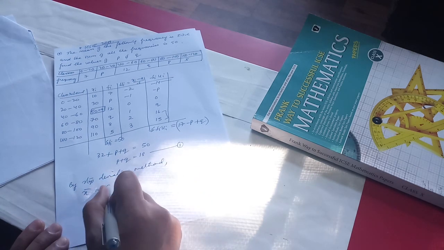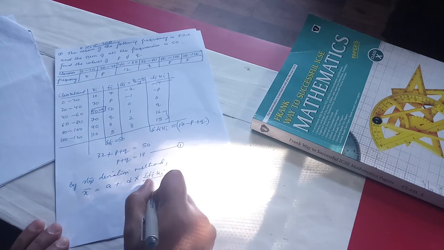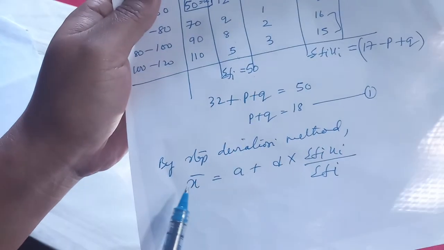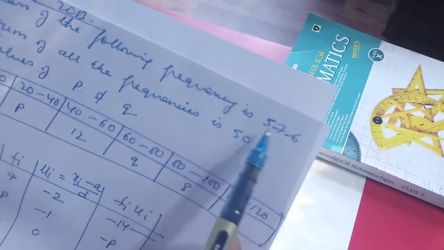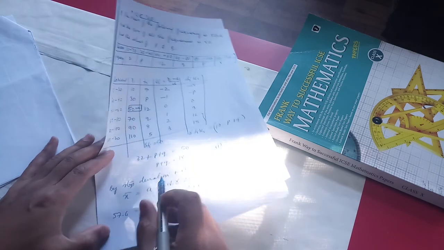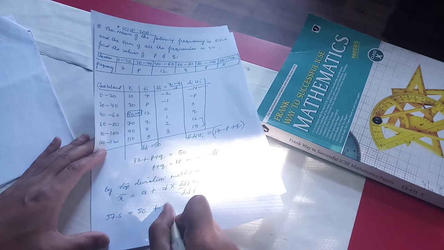You must have learned the formula by heart by now. Now what is your mean given to you? The mean is already given to you, 57.6. So substitute there. What is your assumed mean A? 50.